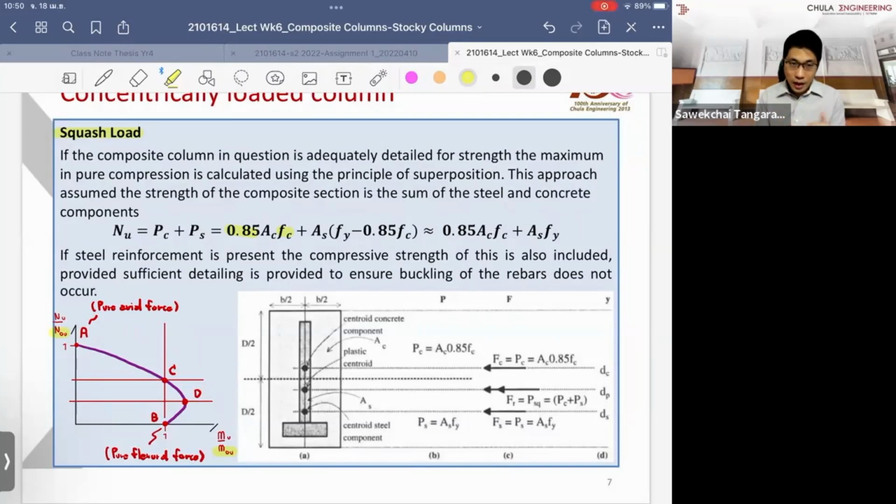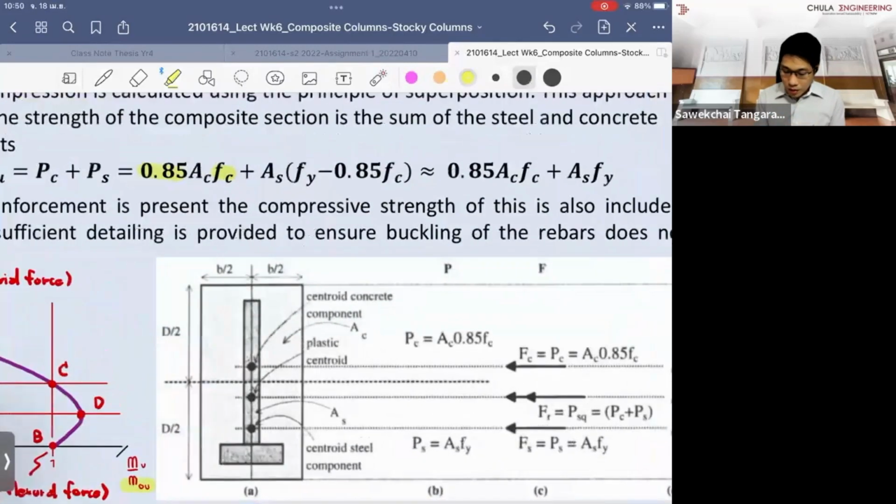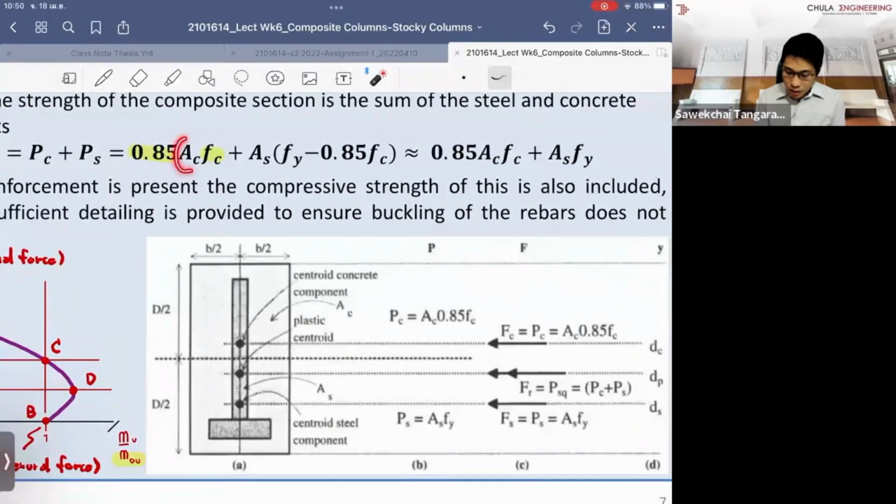So you use only 0.85, because the concrete doesn't have the full confinement effect. Then this is the concrete area, so you take the full area as the gross area, right? And we haven't deducted the area of the steel.